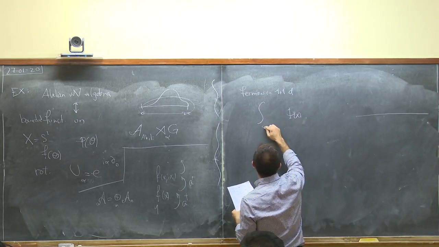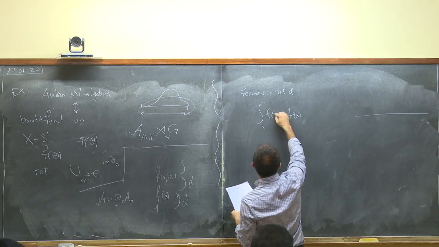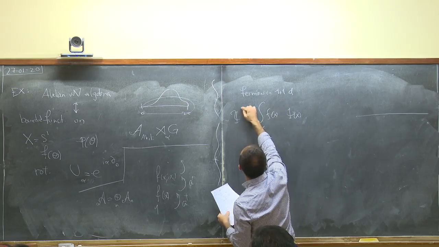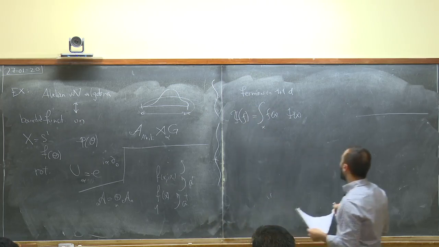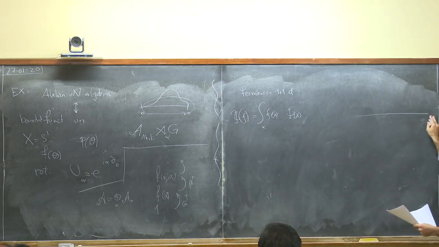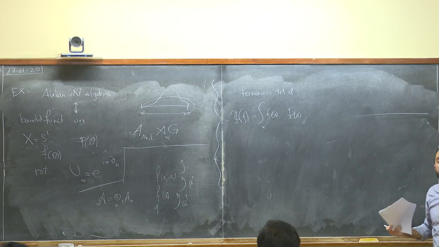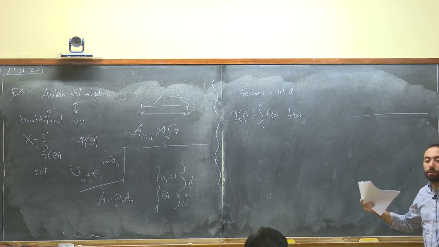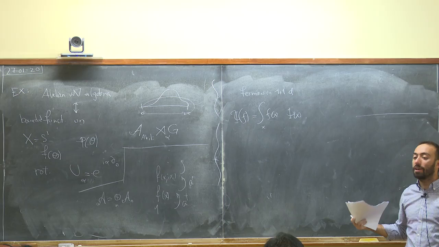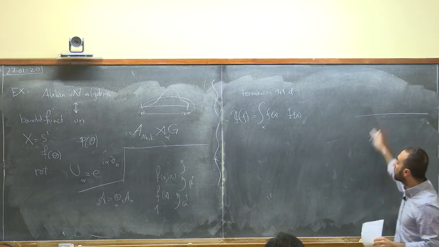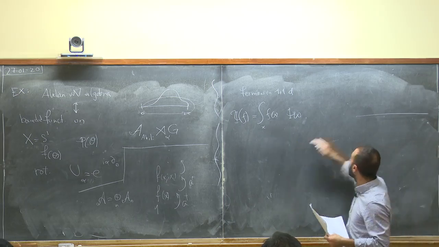I can integrate this psi of x with some f of x. We call it psi of f. If this f is only supported in space, that's fine. I can take f to be supported in space-time, in which case you have to take f to be the solution of the classical equations of motion. It's a fancier, covariant way of saying it, but for simplicity, let's restrict to time slices.